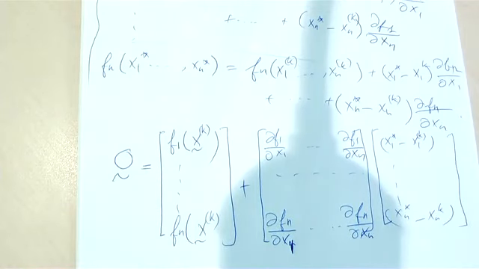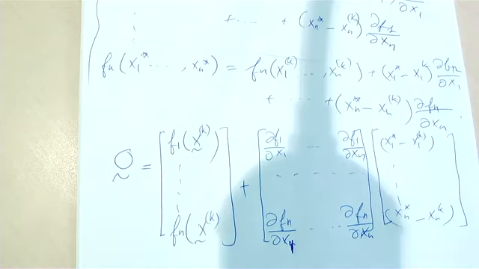Okay, so you compress everything into a single line. But inside this line, the vector f has n components, the vector xk has n components, and x star has n components. And this matrix has n by n entries. Okay?